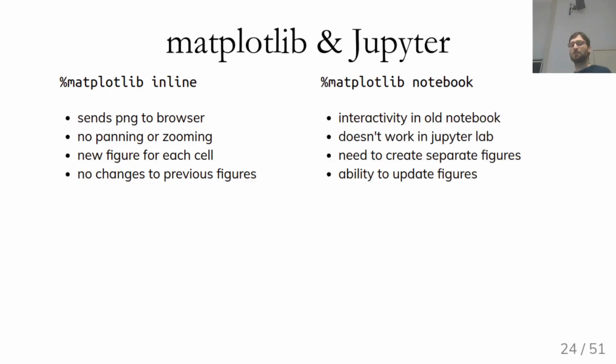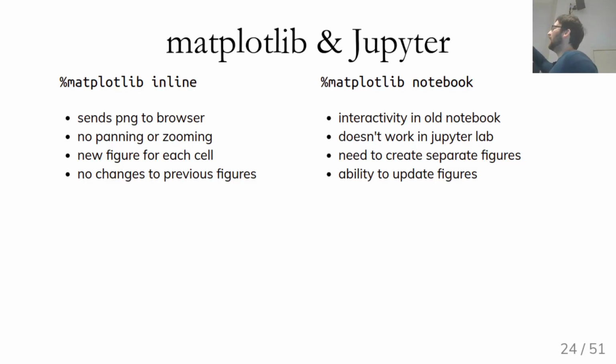If you're in Jupyter Notebook, you can do Matplotlib Notebook. That gives you interactivity, so then you can pan and zoom. This is a notebook magic, a Jupyter-specific command that starts with a %. Everything that starts with a % is a command that goes directly to Jupyter. And so this tells it you want the notebook interface for your Matplotlib.